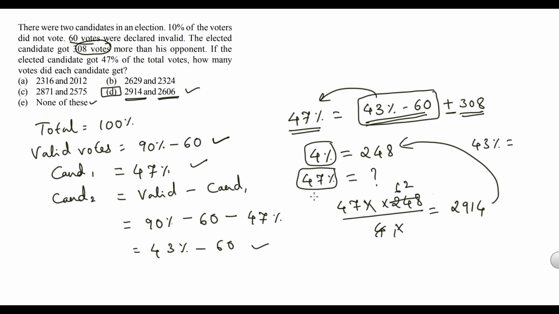So that is 2914 minus 248. If you subtract these two, you will get 43%. So from that 43%, probably it will be 2666. But this candidate has got 43% minus 60. Now from here you have to subtract 60 also. So that is 2606. Clear?